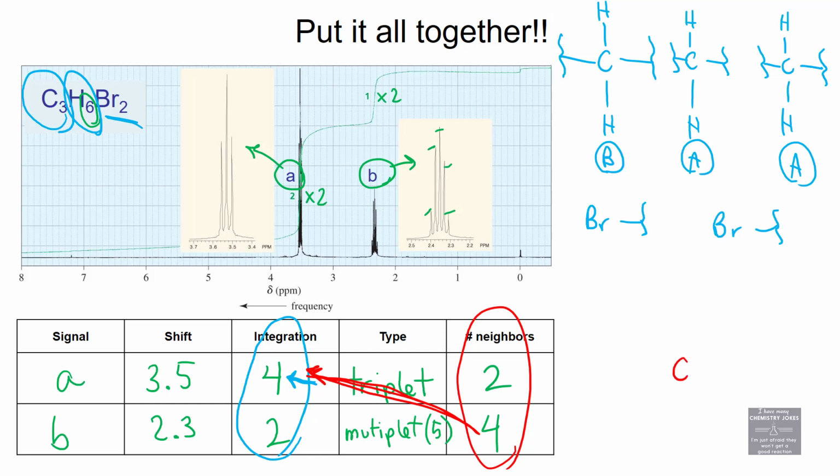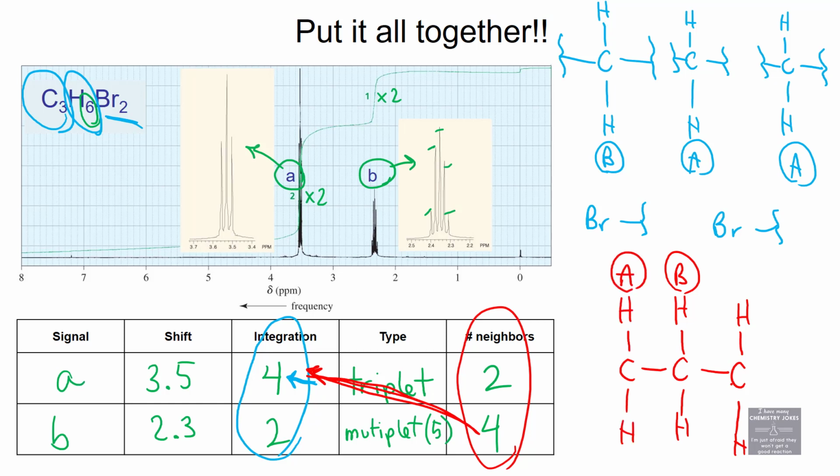Okay, I'm going to put B here in the middle, and I'm going to put A out on the outside connected to B. Because A's have to be chemically equivalent, that's telling me that it's going to be a symmetric sort of molecule. The A's are going to be a symmetric piece. I don't know how to say that well.